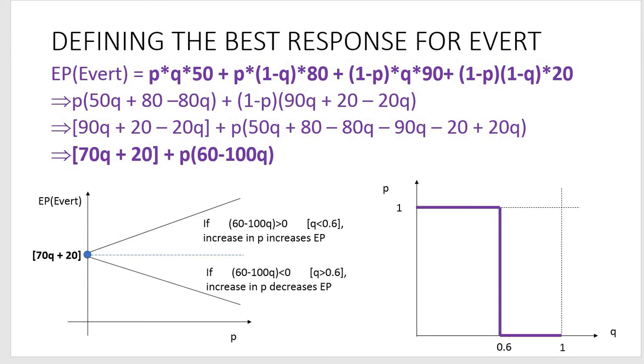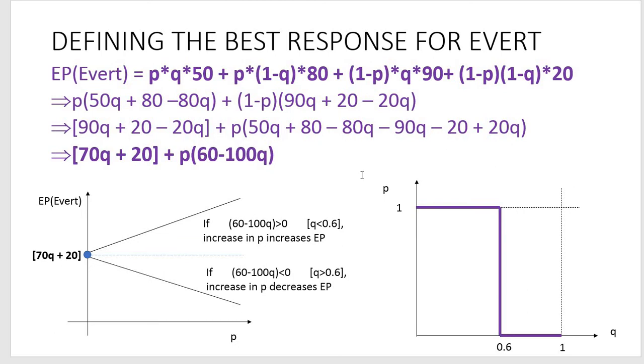If the value of this expression is negative, meaning that q takes the value above 0.6, then increase in p will result in decrease of expected payoff for Evert. Finally, if the value of q takes exactly 0.6, then Evert is actually indifferent.